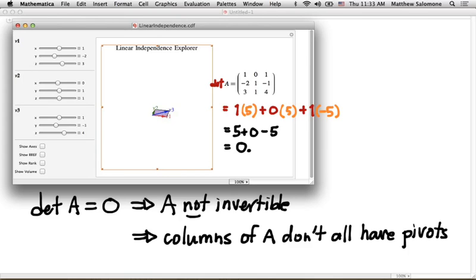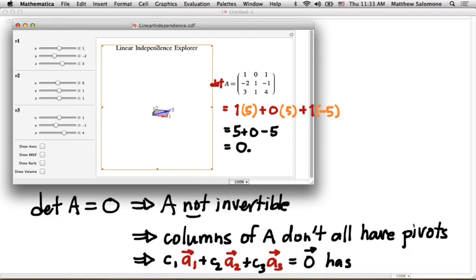And because the columns of A don't all have pivots, what can you tell me about the homogeneous equation C1 times the first column of A plus C2 times the second column of A plus C3 times the third column of A equals 0? What can you tell me about the nature of the solutions of that homogeneous equation?